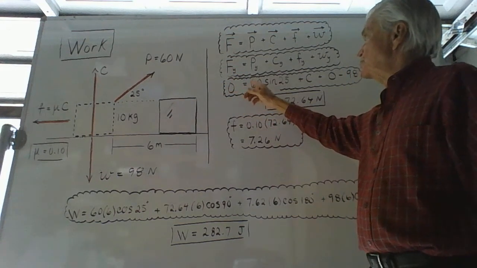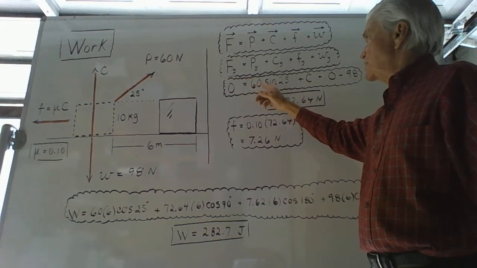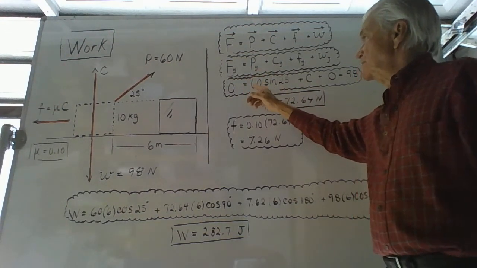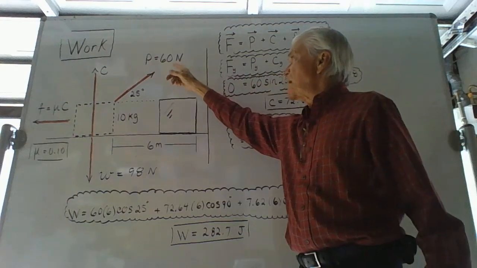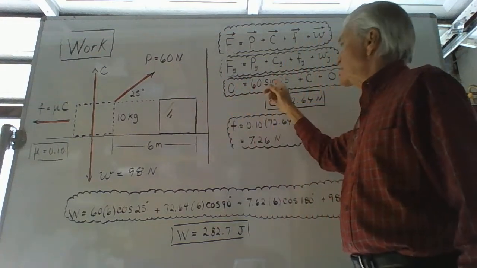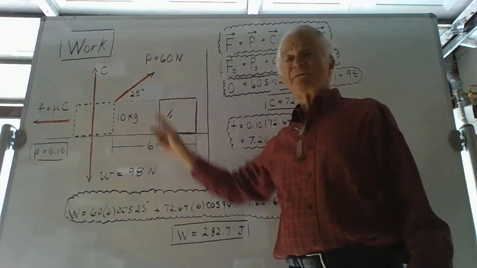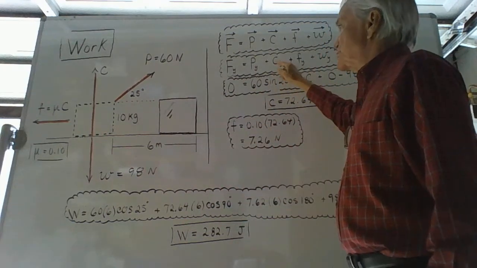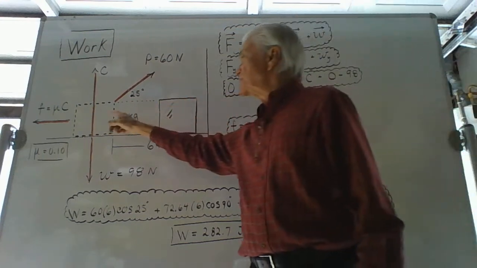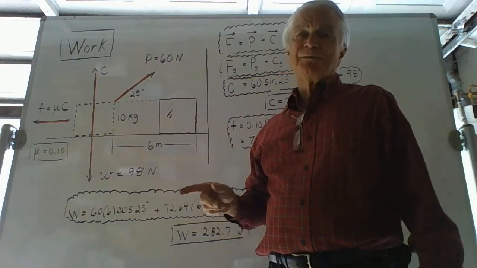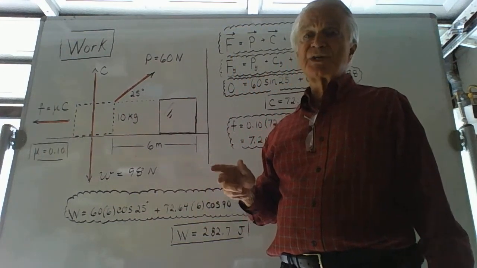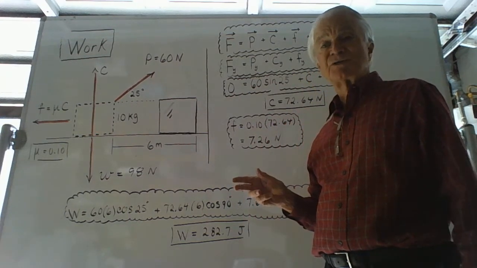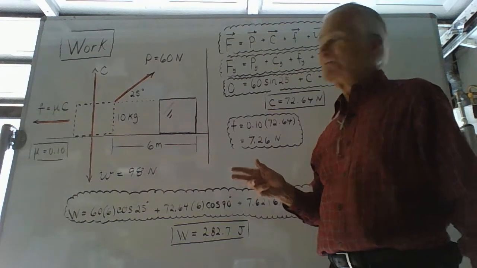And so we complete this equation by substitution. P sub y is the p vector itself, magnitude of 60, times the sine of 25 degrees. The y component of C, the contact force vector, well, the C vector lies 100% along the positive y-axis, so its y component is whatever C is.